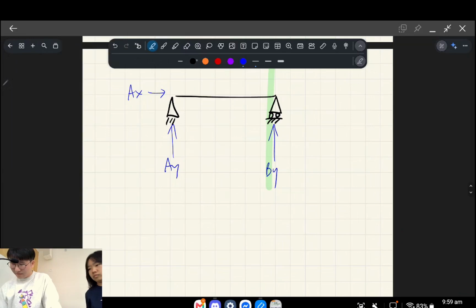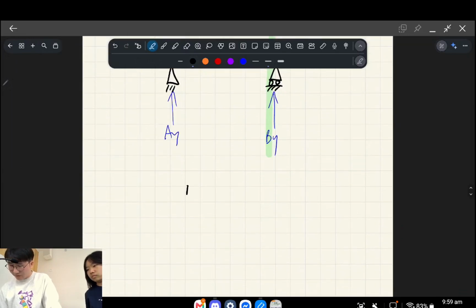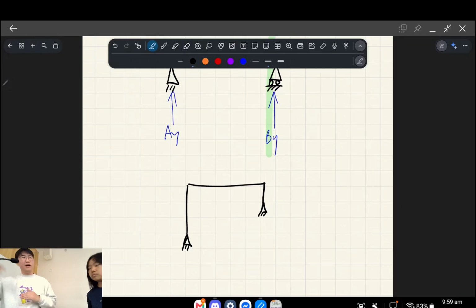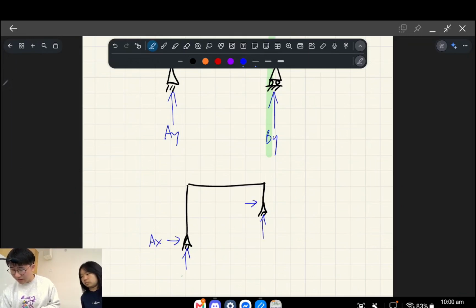Okay. More complicated example. I'm going to do a frame that's got a piece that's got a pin here and here. So this one's up on like a higher surface or something like that. You'll see that this and this will be like AX, AY, BX, BY.